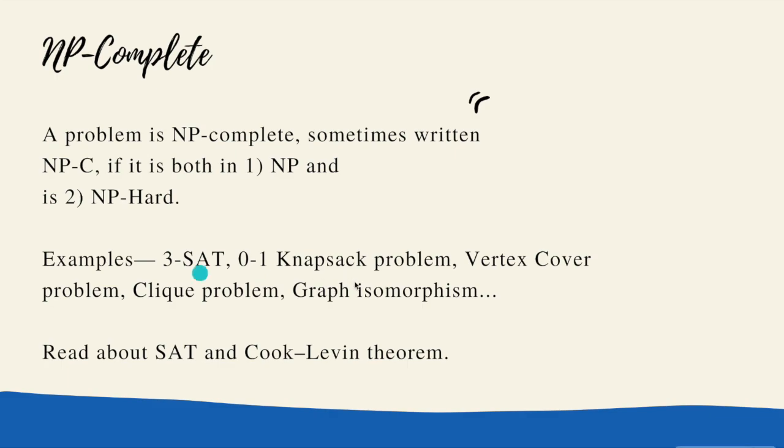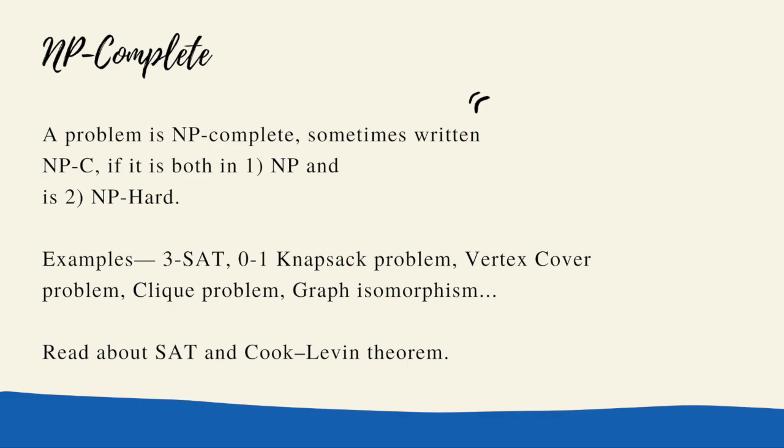And we have the 0-1 knapsack problem, the vertex cover problem, clique, graph isomorphism. They're all NP complete problems. And please read about SAT and the Cook-Levin theorem. The Cook-Levin theorem, in a nutshell, is the first NP complete problem that is proven, and that is the satisfiability problem, the SAT problem. Hence, we know that 3 SAT is NP complete.